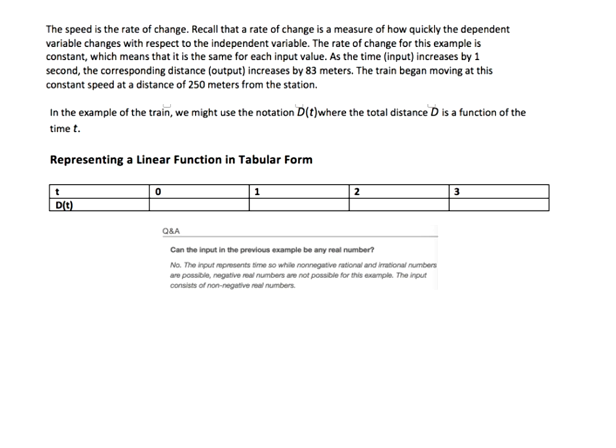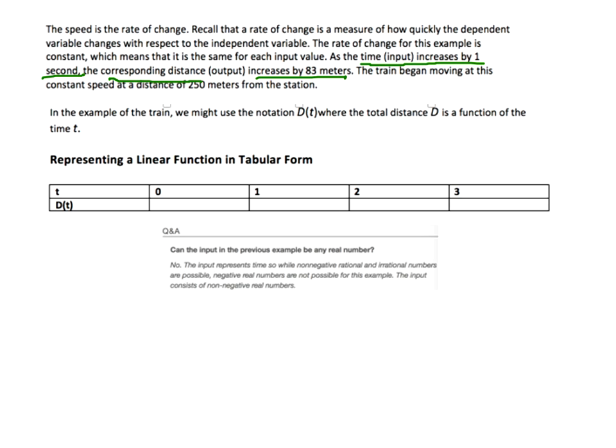Okay, so we have our situation here again. Let me just point out the important stuff. As time increases by 1 second, for every 1 second, the corresponding distance or output increases by 83 meters. The train began moving at this constant speed at a distance of 250 meters. In other words, before I started timing my seconds, I was already 250 meters away from the station.